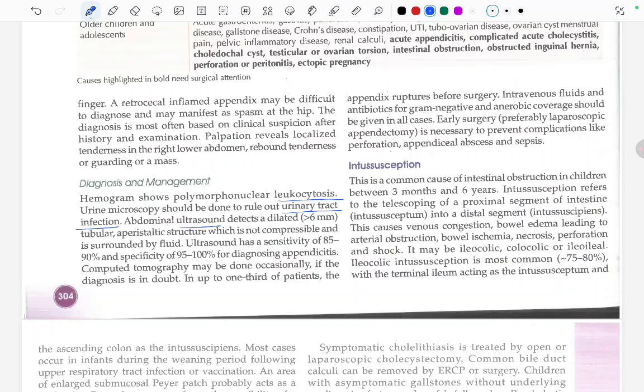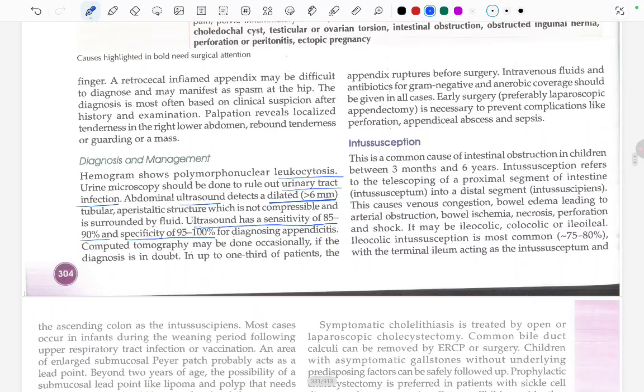So on ultrasound, what will be seen, and when will we say that it is acute appendicitis? When it is dilated to more than 6 mm. The appendix is a tubular and aperistaltic structure which is not compressible and is surrounded by fluid. Ultrasound has a sensitivity of 80 to 90% and specificity of 95 to 100%. This is very high. So USG is a very good investigating modality for diagnosing appendicitis.